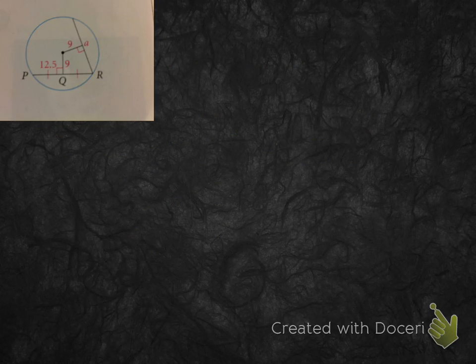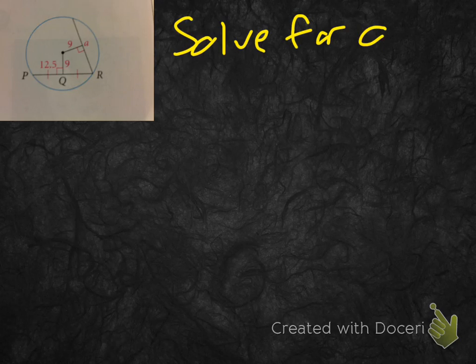Anyway, let's look at an example. So we want to solve for A here, right? So first of all, what do we know from the picture? We know that these two distances from the center to the chords are congruent because they're both 9, right? So we're given that the chords are equidistant, which means the chords must be congruent.